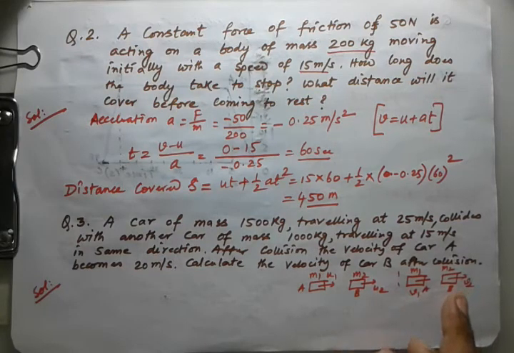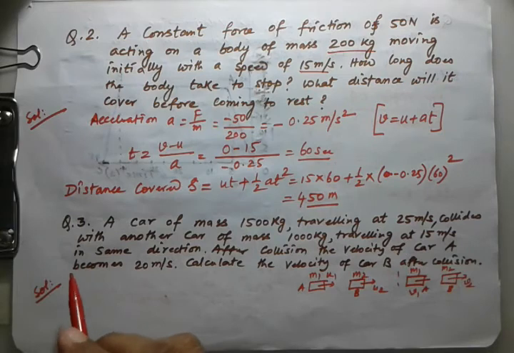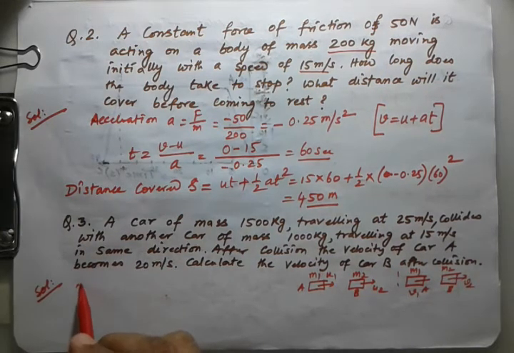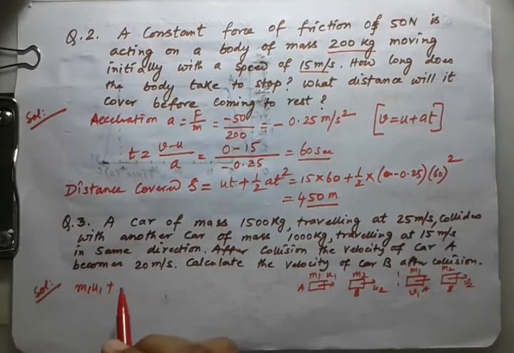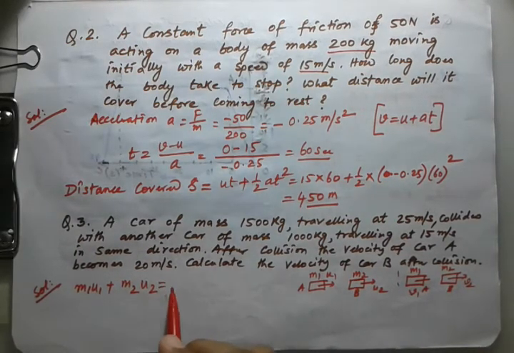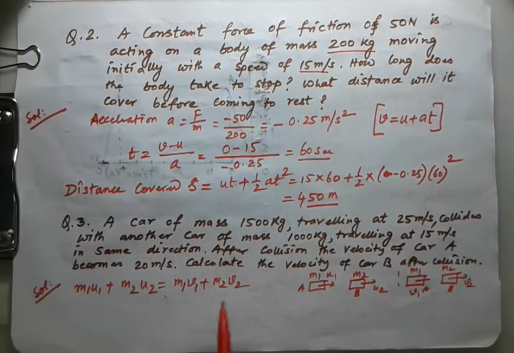So you can use the formula m1 v1 plus m2 v2 is equal to m1 u1 plus m2 u2. Using the conservation of momentum, you can write m1 u1 plus m2 u2 is equal to m1 v1 plus m2 v2. You have to find out v2.